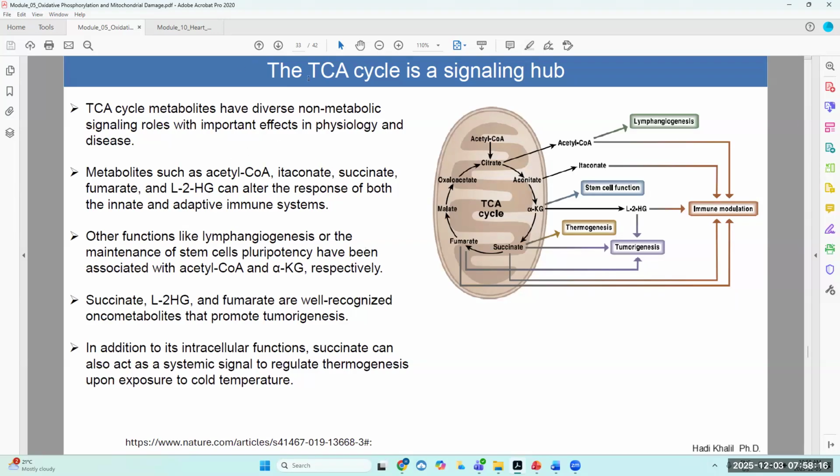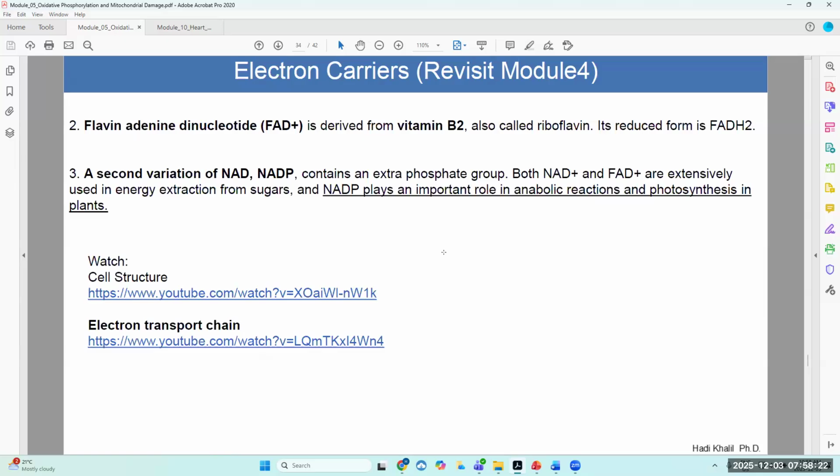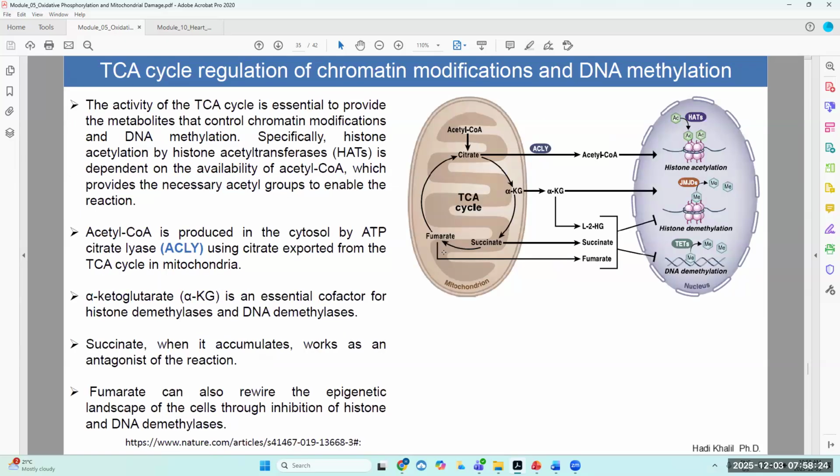One of the outcomes is that the TCA cycle could act as a signaling hub. So it's the title of a slide, and it's explained here.